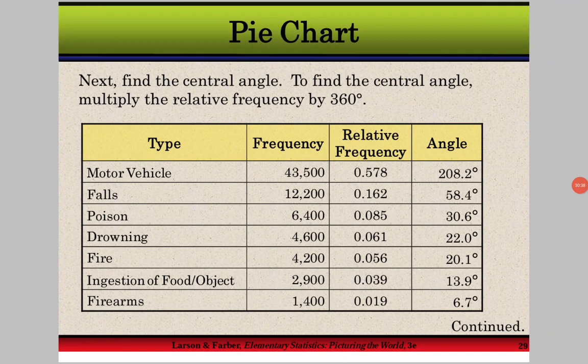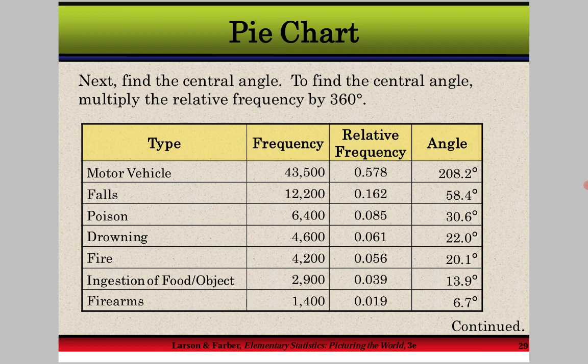So how to draw a pie chart using relative frequencies? Next, find the central angle. To find the central angle, multiply the relative frequency by 360 degrees. In this example, the frequency is 43,500 and the relative frequency is 0.578. The angle of a particular sector is simply the relative frequency multiplied by 360 degrees.